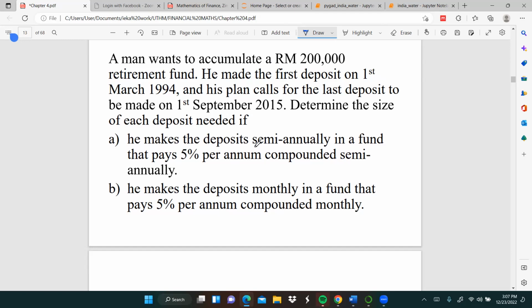Sekarang dia bukan nak cari S, dia bukan nak cari A, tapi nak cari R, sebab dia kata determine the size of each deposit needed. Dia nak tahu R, bayaran yang perlu dia buat. And then I kita untuk first case 0.05 tu perlu dibahagikan dengan 2 sebab dia semi-annually. So we have 0.025 for our I.